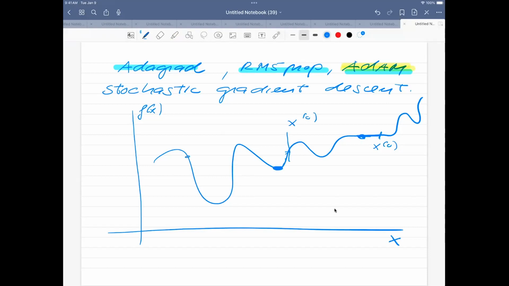Similarly, we would love to start here with an x0, and that would bring us down after a few steps down here. And this is where we would like to be. So this would be a local minimum. This is a saddle point. And this is a very much unwanted situation. We can be happy with a local minimum, but ideally we would like to reach the global minimum.